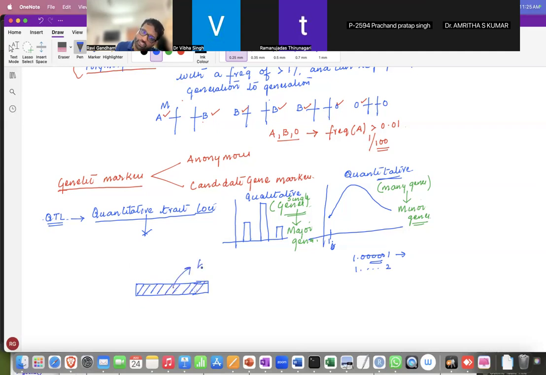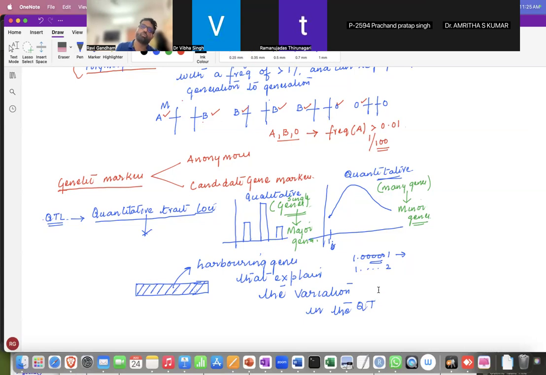This is a segment that is probably harboring genes that explain the variation in the quantitative trait. So the definition of quantitative trait loci is a chromosomal segment.